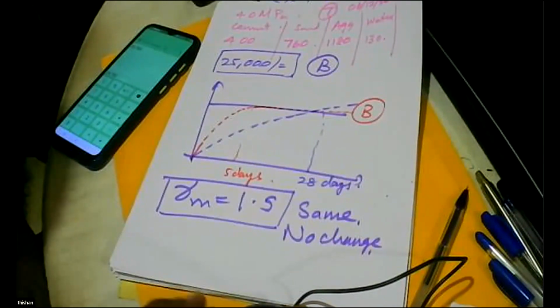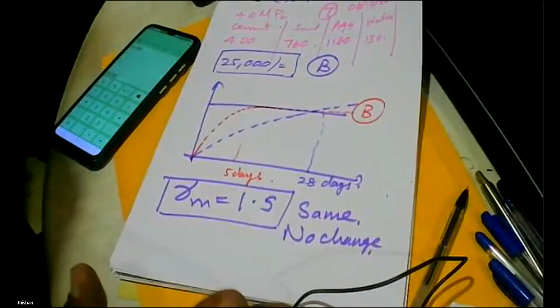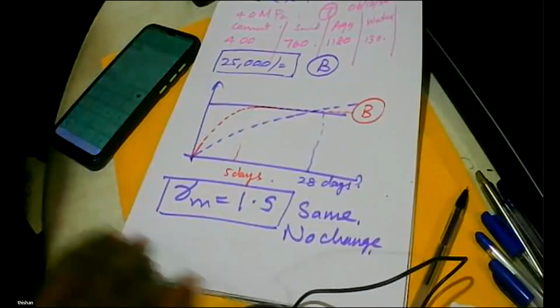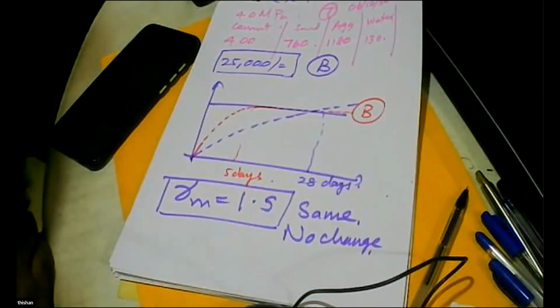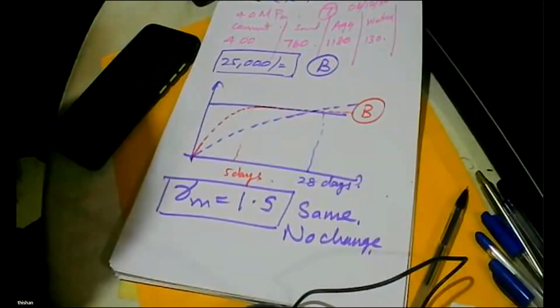You have to be vigilant and you have to think rationally, and you can do wonders with concrete technology. And you have to always look for the cost, because we are substituting fly ash for cement, where fly ash costs only 15 rupees, whereas cement costs 40 rupees.